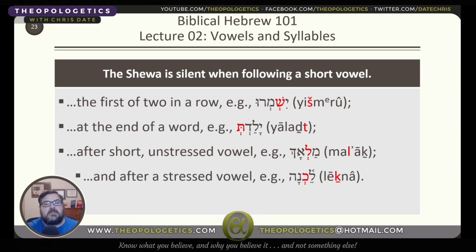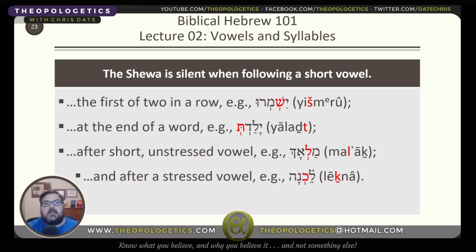And if it's after a stressed vowel, even if that vowel is long, then the shva is silent. So we saw in the previous slide that usually after long vowels, the shva is vocal. But in this case, because the long vowel is in a stressed syllable, the shva is silent.